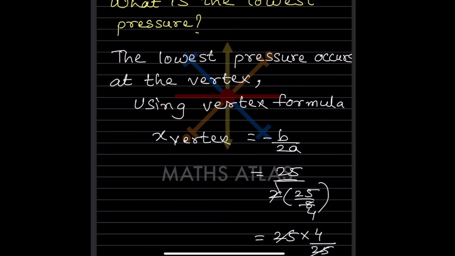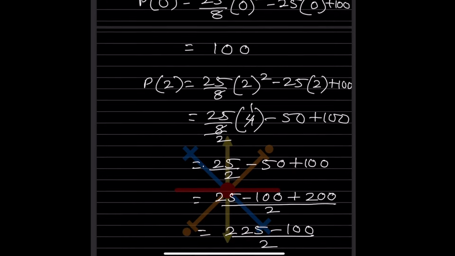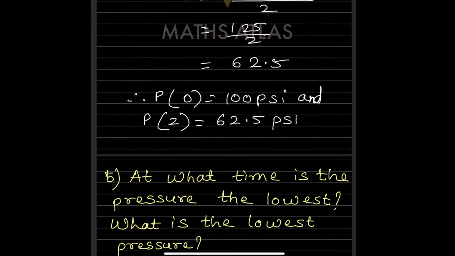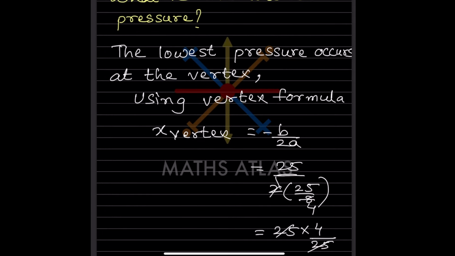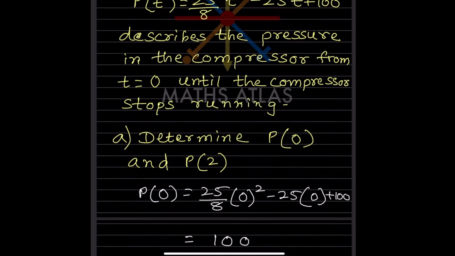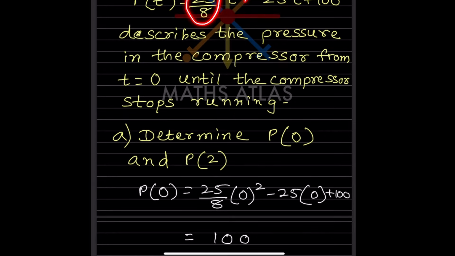So now we have the equation here, minus b. This is a, this is b and this is c. So b is minus 25, but this is already from the formula minus b, so minus minus becomes plus. And 2 into a, what is a? 25/8.